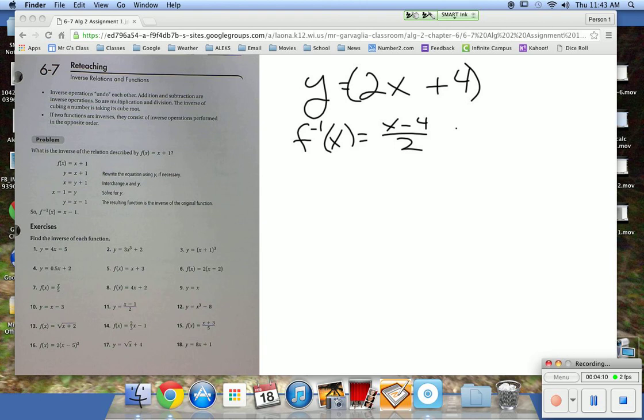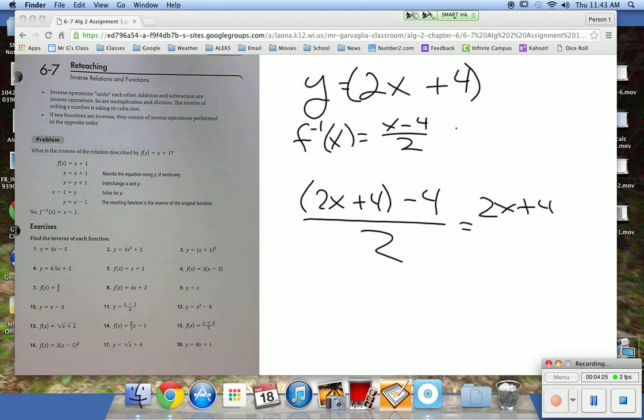Watch what happens. 2x plus 4 minus 4 over 2. Get rid of my parentheses. My 4's cancel out. My 2's cancel out. What am I left with? Just my x. It's an inverse function.